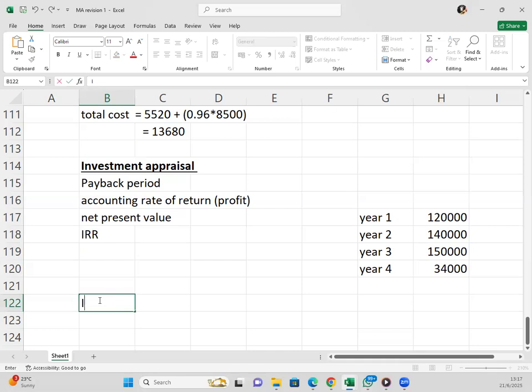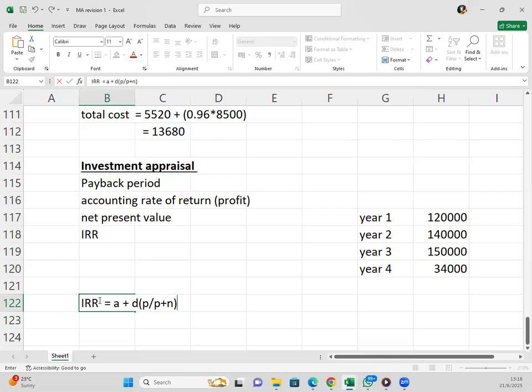So the IRR says that if you're calculating the internal rate of return, you say A plus P over P plus N. But I'm sure you already know this one.